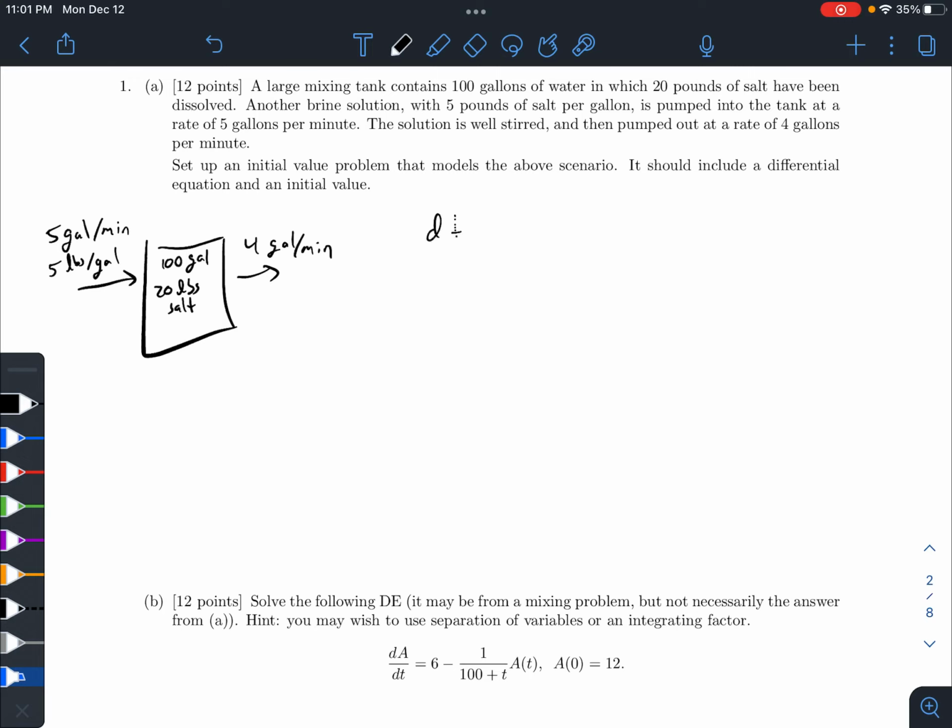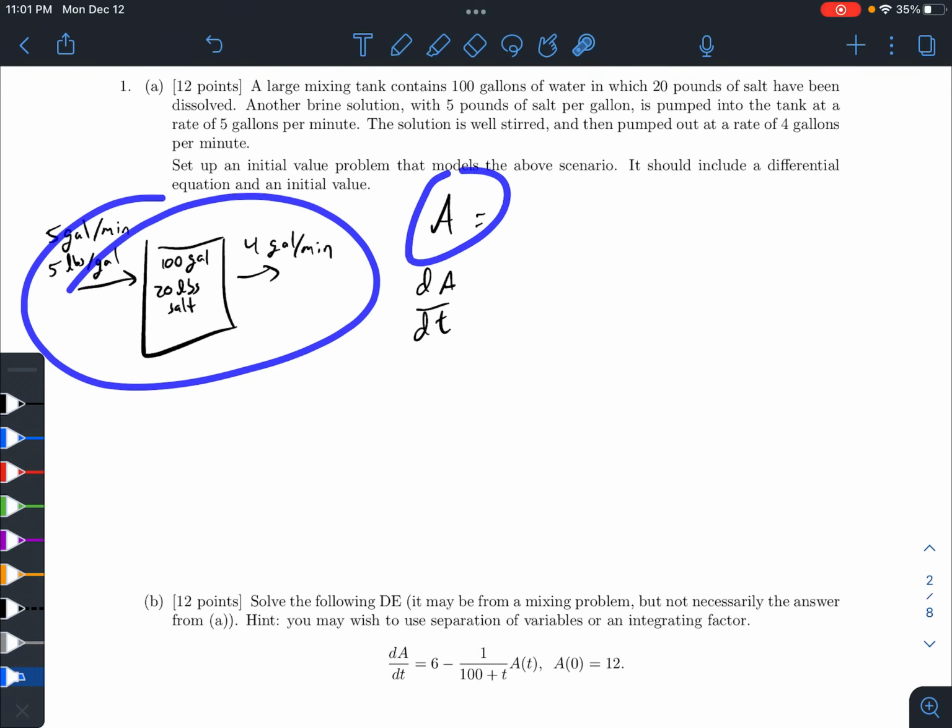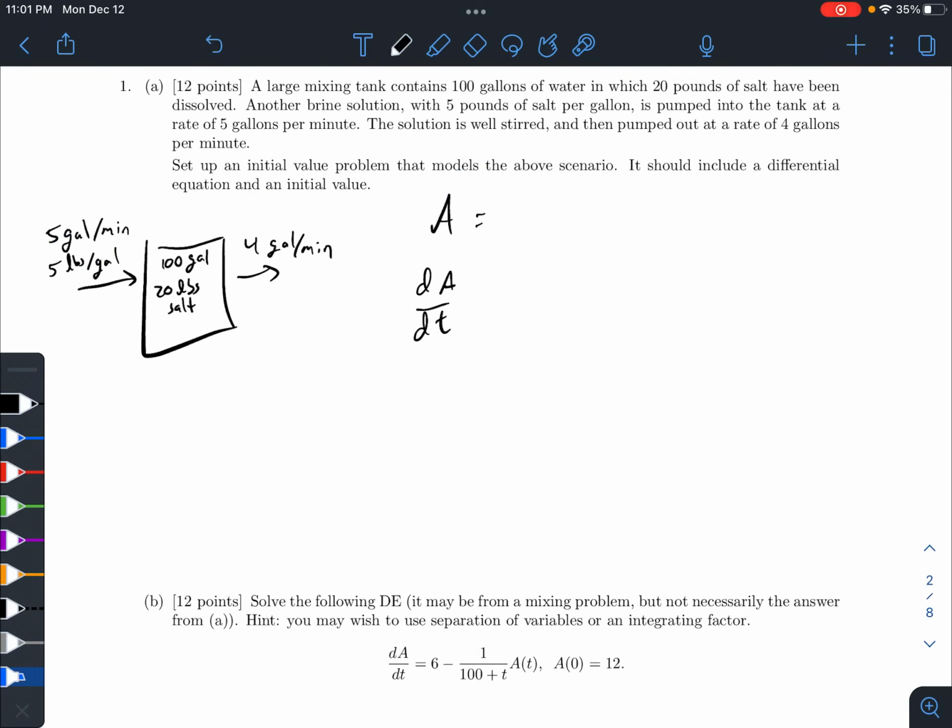So we can say that dA/dt, the rate at which, I should say what A is. So we're setting up an initial value problem that models this scenario. Let's call A the amount of pounds of salt after t minutes.